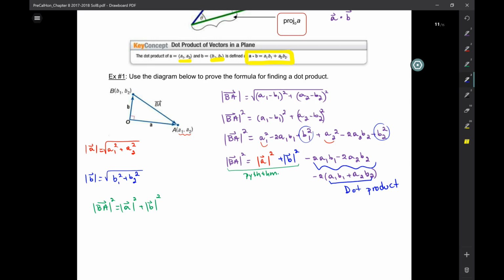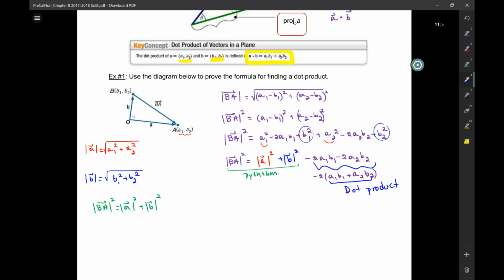Is everything okay? So A squared plus B squared is equal to BA squared only if these two meet at right angles. If this was an obtuse angle, would BA be less than or greater than this? Greater than. How much greater? That much greater.